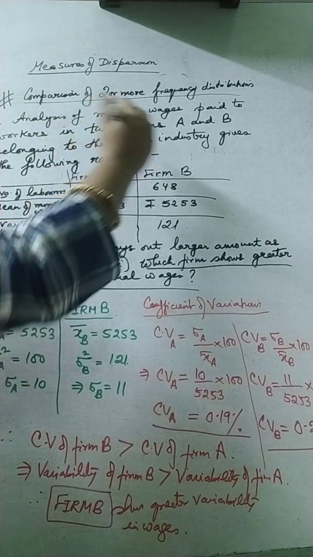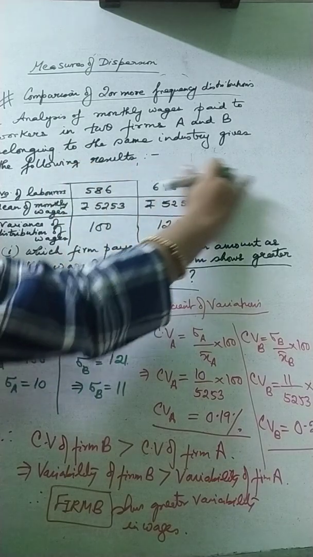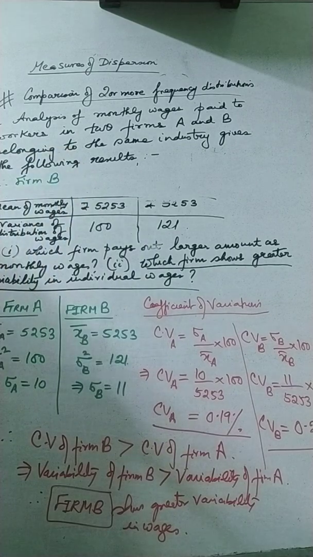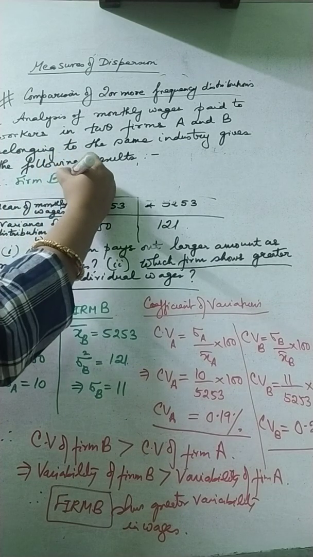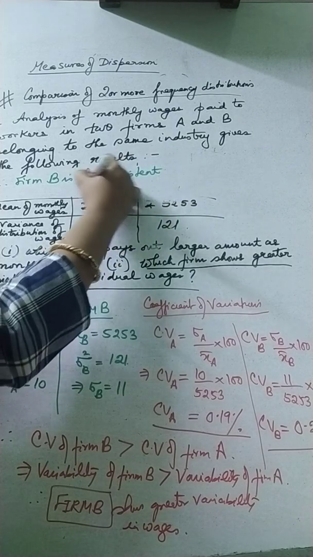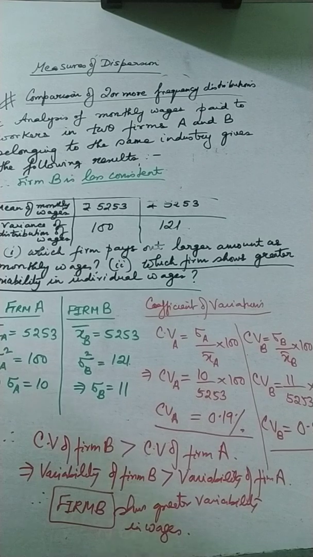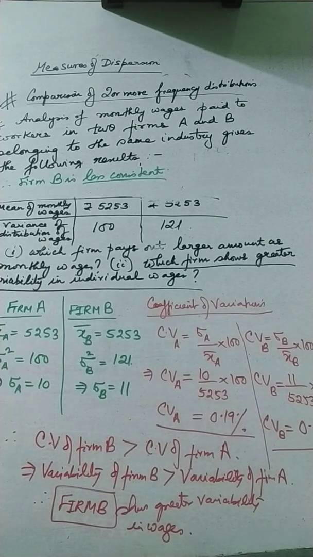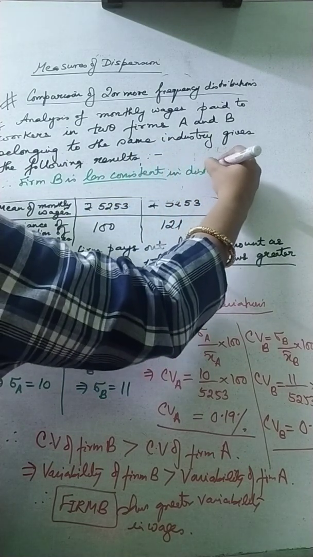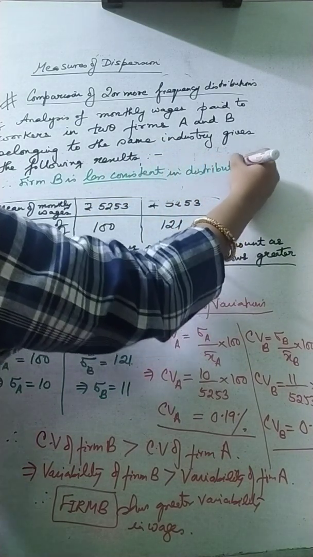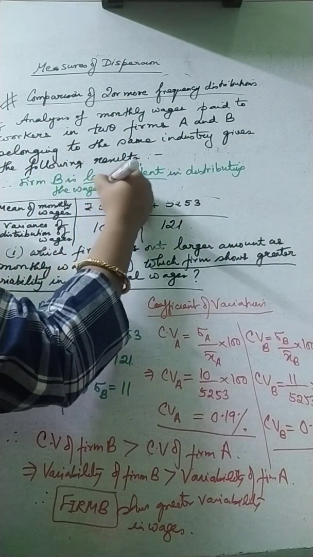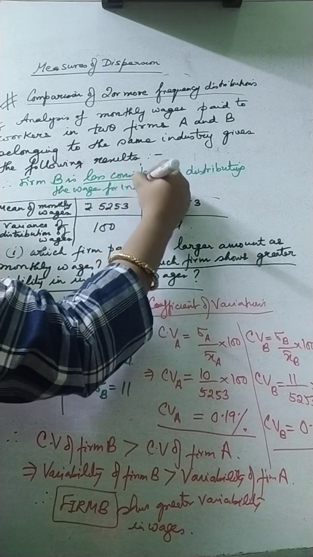No space. I'll rub this line out and write. Therefore, firm B is less consistent in distributing the wages. I explained this earlier in the first class itself.